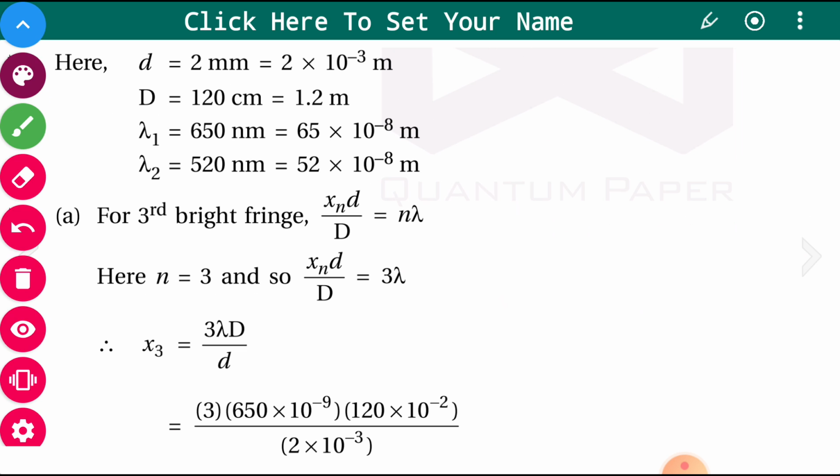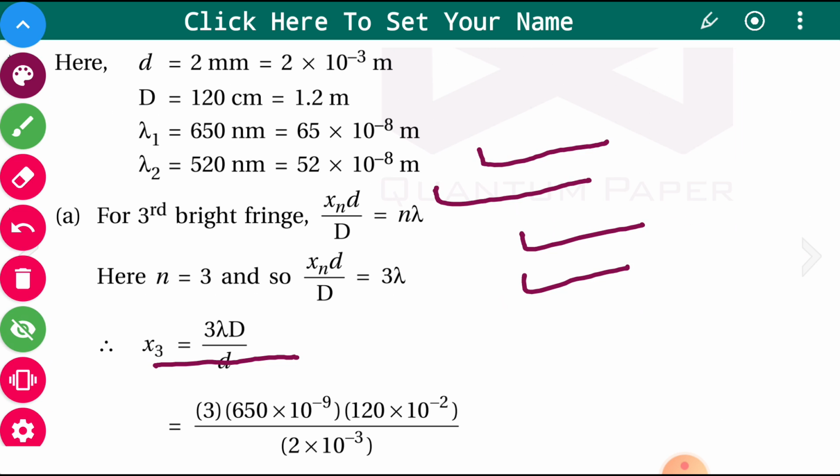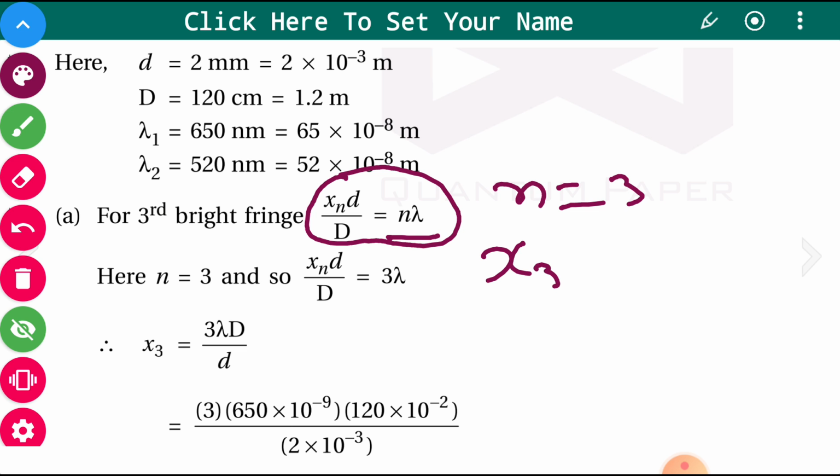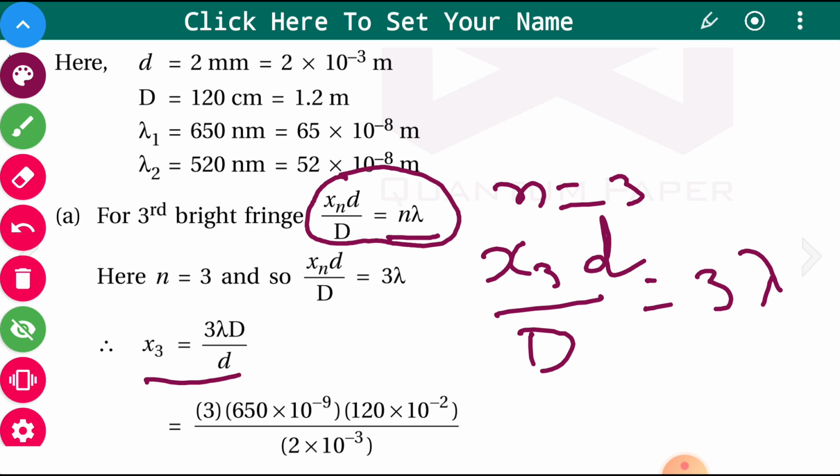For the third bright, as you know, the path difference is n lambda, the general formula. So for the third bright, n is 3. So x3 d upon capital D is equal to 3 lambda, so x3 will be 3 lambda capital D upon small d.